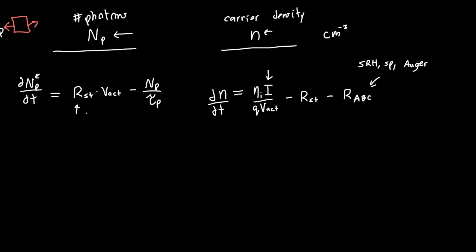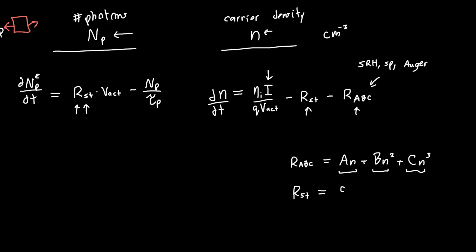So first of all, we need to expand all of these recombination terms. We know that our ABC recombination, this is the simplest of them all, is just AN plus BN squared plus CN cubed. And you can interpret this as a Taylor series, or each of these as independent recombination mechanisms. We also, in a previous video, investigated what the stimulated emission term was.